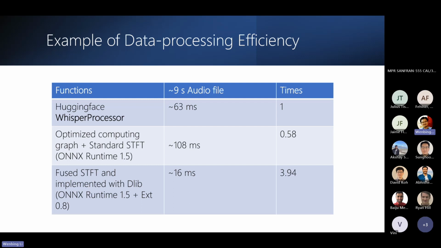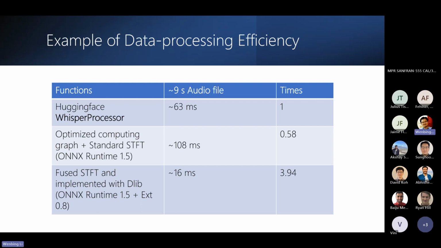Here is some data showing the efficiency of the processing libraries. If you use the original Hugging Face Whisper processor on audio files, taking a 9-minute audio as an example, it usually takes 63 milliseconds.